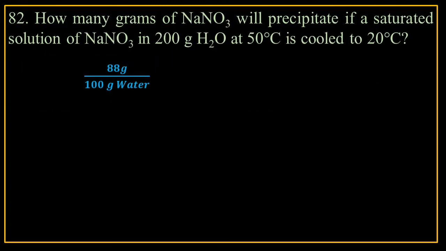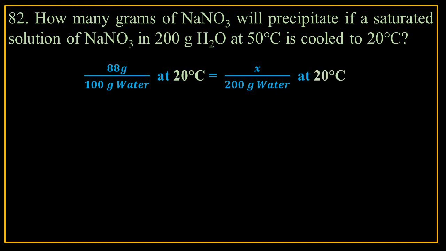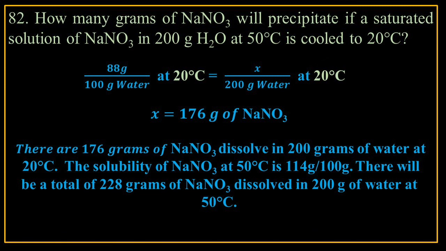How many grams of sodium nitrate will precipitate if a saturated solution of sodium nitrate in 200 grams of water at 50 degrees Celsius is cooled to 20 degrees Celsius? There's 88 over 100 at 20 C, and then X over 200 grams of water at 20 C. X is 176 grams of sodium nitrate. There are 176 grams of sodium nitrate dissolved in 200 grams of water at 20 degrees Celsius.